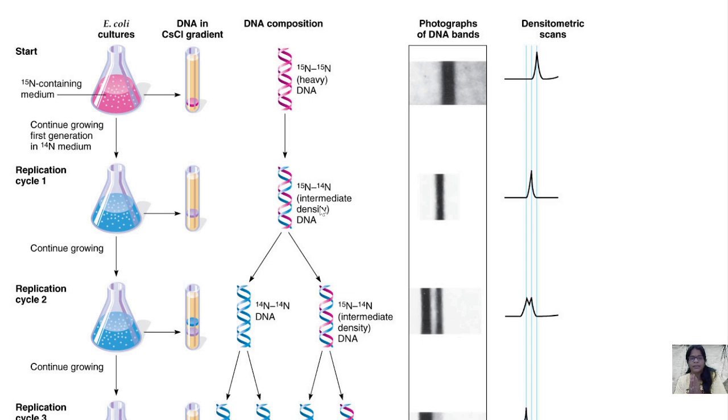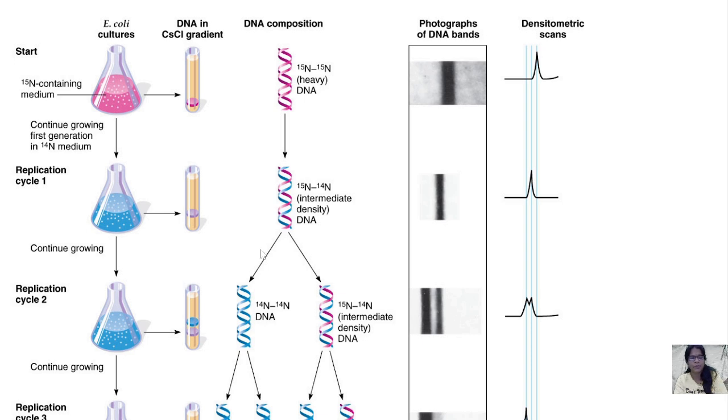It's a hybrid, right? So they got one strand from the N15 parent and the other from the medium they were replicated in. So it's an intermediate thing, neither dark nor light. It is in between the N15 band and the N14 band.